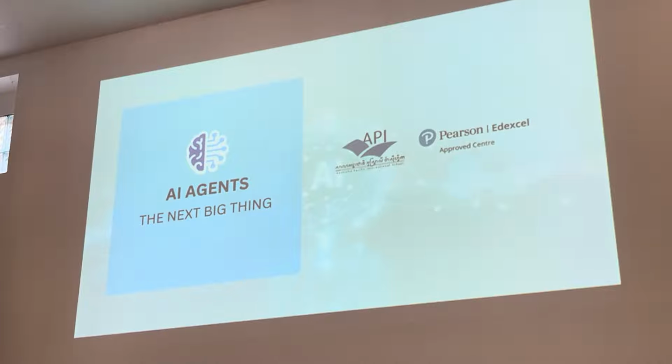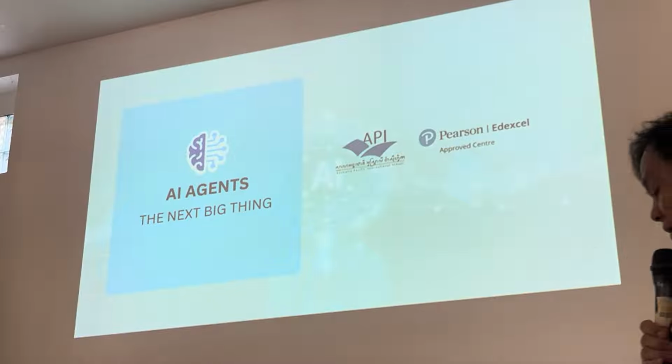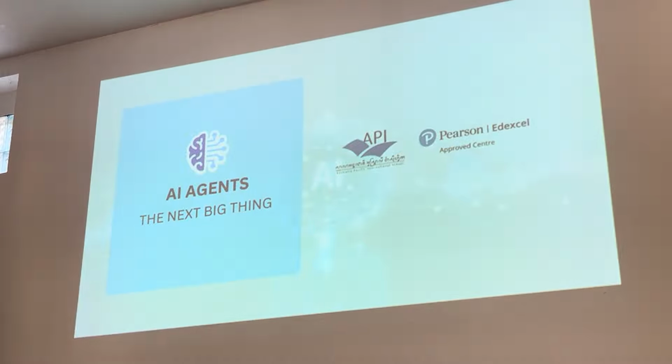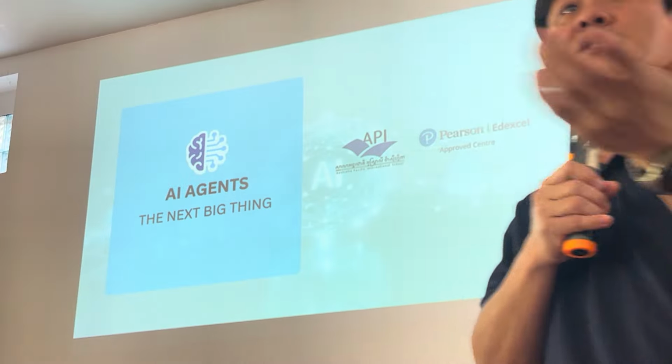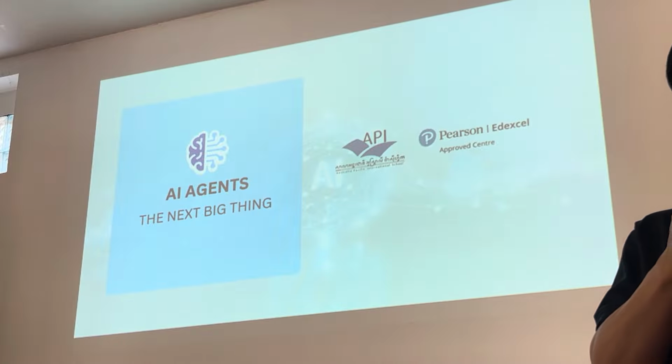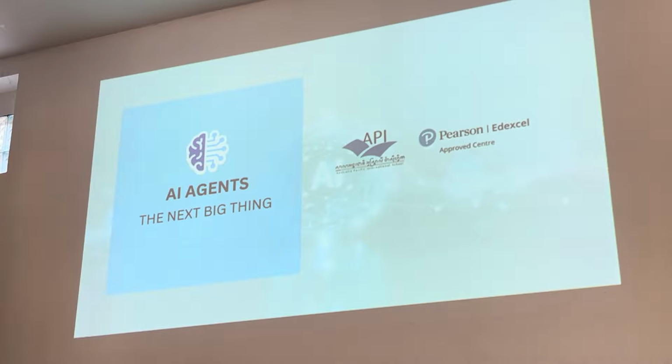Now, the next big thing, AI agents, that's what we have been waiting for. Previously, you simply asked a question and used the RISE framework so that AI would spit out results for you. But an AI agent will do it for you.